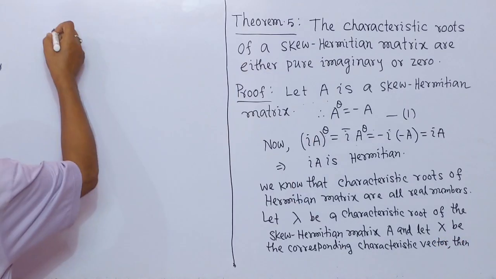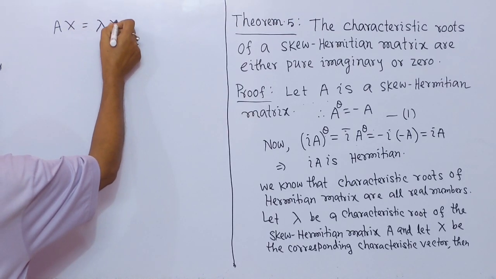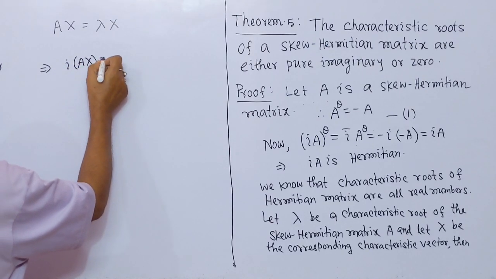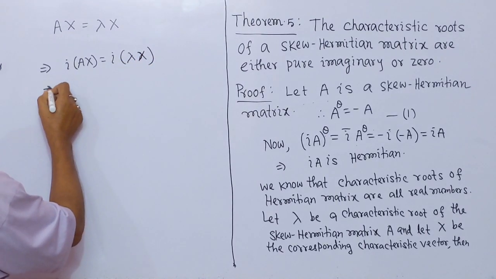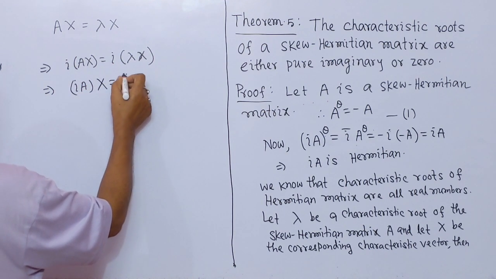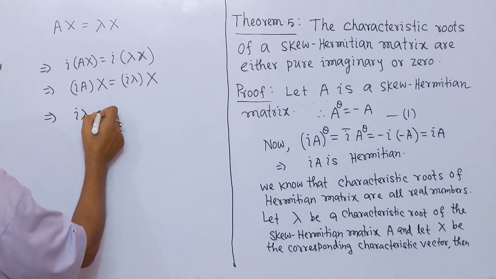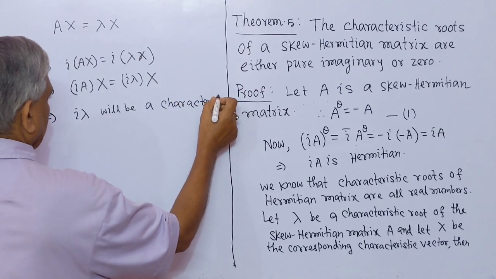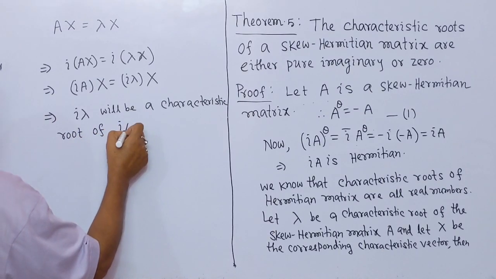Then AX = lambda X implies that i multiplied by AX = i multiplied by lambda X, which implies that iAX = i lambda X, which implies that i lambda is a characteristic root of iA.